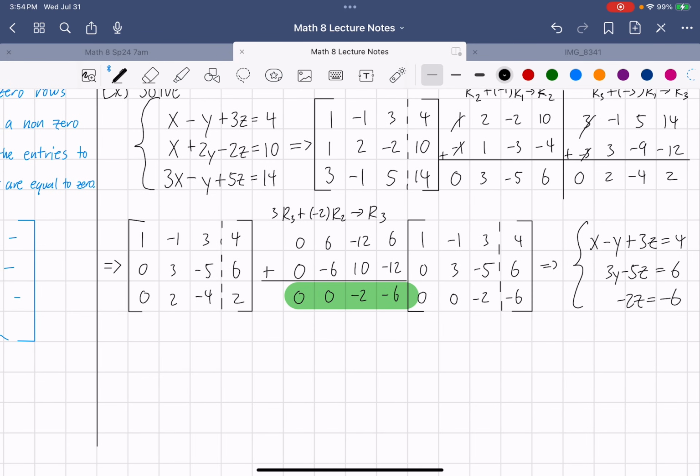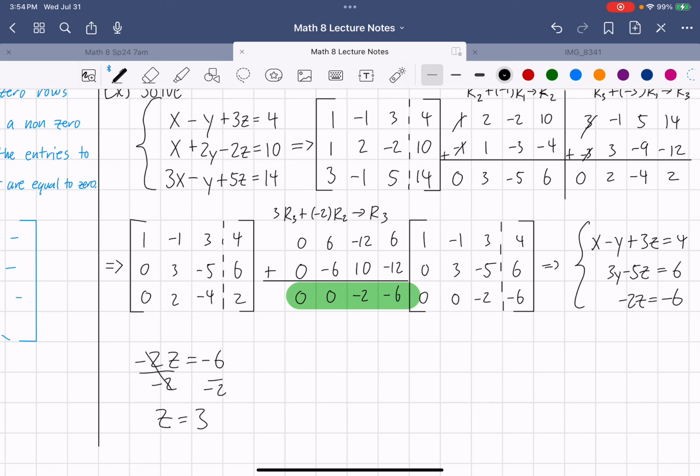And this is where we can do our back substitution, because I'll take negative 2z equals negative 6. Divide both sides by negative 2. Z is going to equal positive 3. I take my second equation, which is 3y minus 5 times 3, because that's what z is equal to.